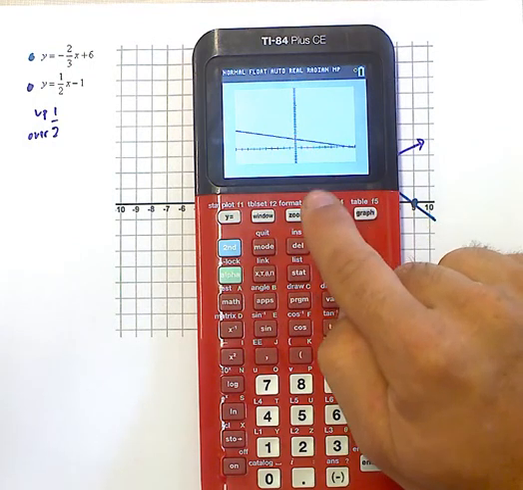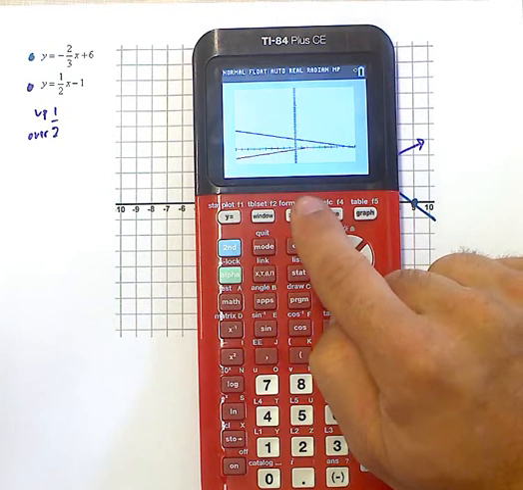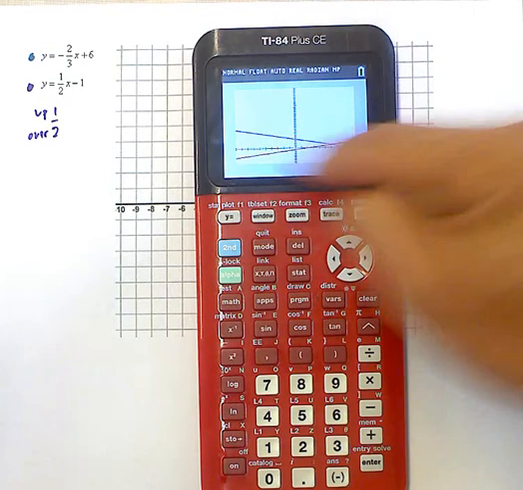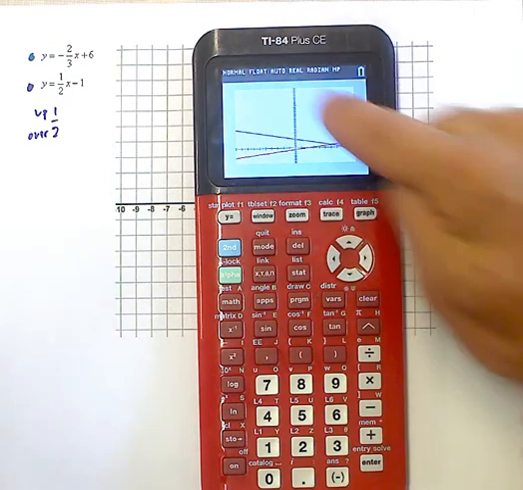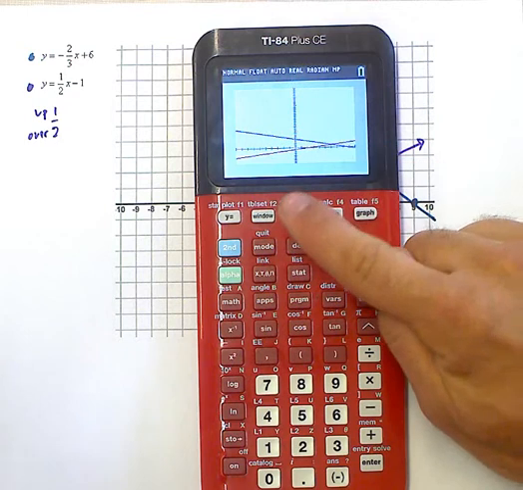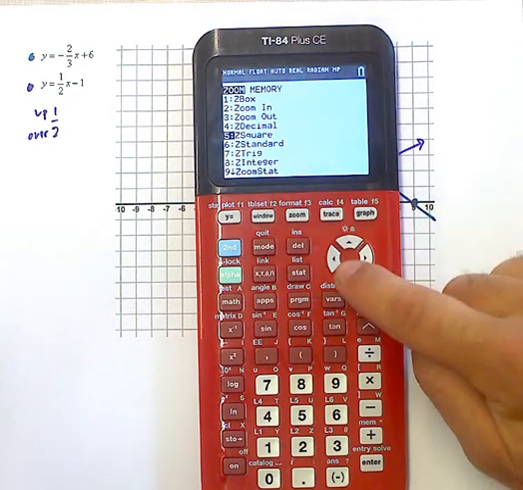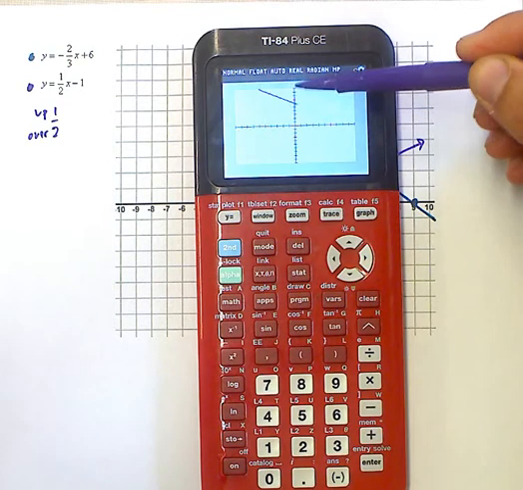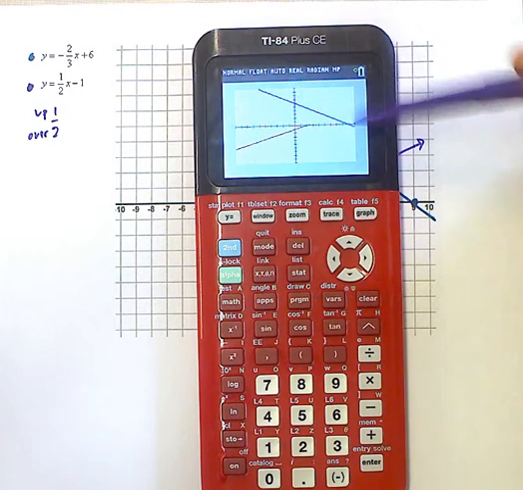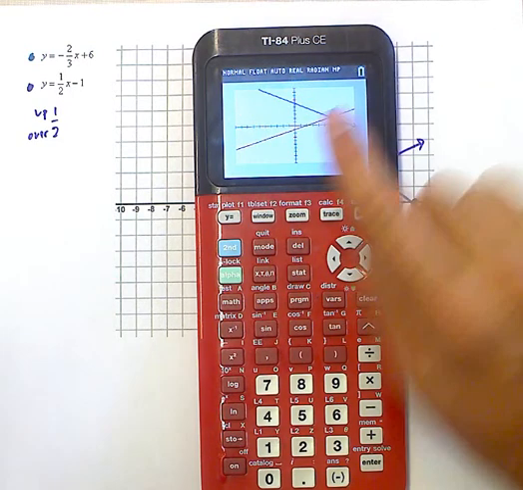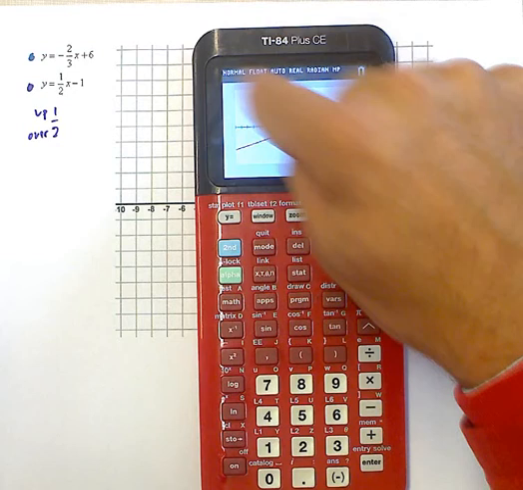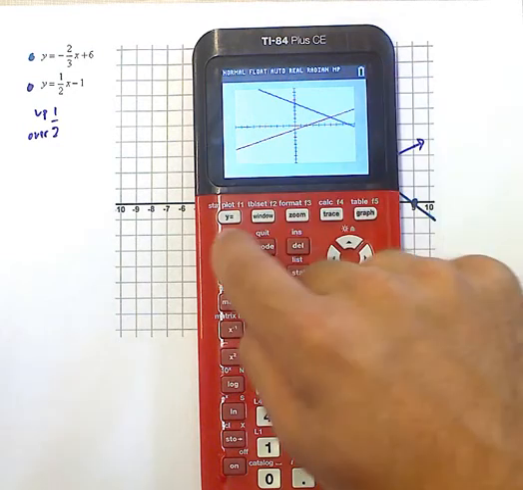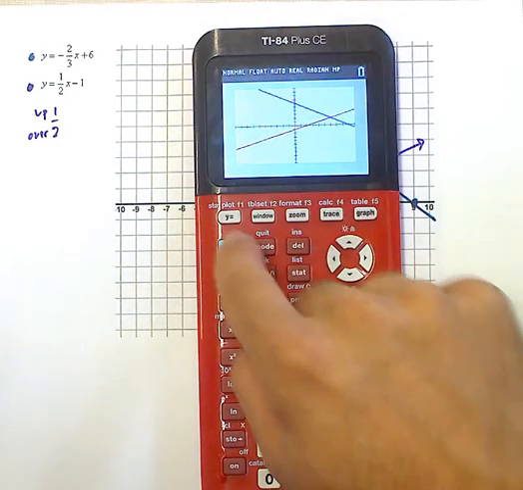From a separate problem, my window's a little different. So anytime you want to go back to your regular window, I hit zoom, and you have this zoom standard feature, which brings you back to where your y and x axis are at 10, negative 10, 10, negative 10. And look, they give you two different colors on this one, which is great.